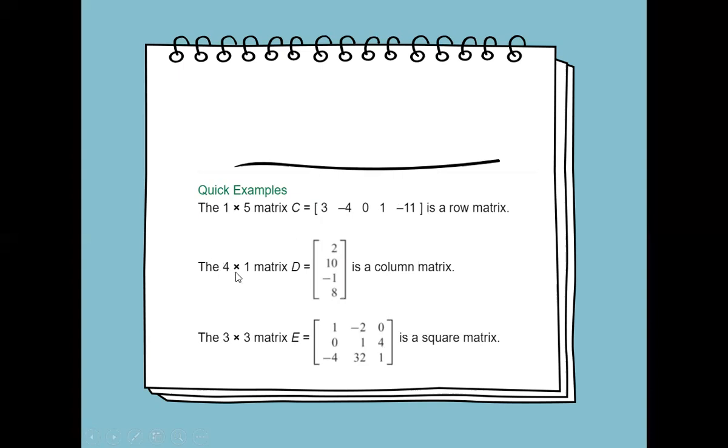Here, the 4 times 1 dimension, this is called a column matrix because we have 1 column but several rows. And when the rows are equal to the columns, we call it a square matrix. Here's an example, 3 times 3, the dimension of this matrix. We have 3 rows and 3 columns.